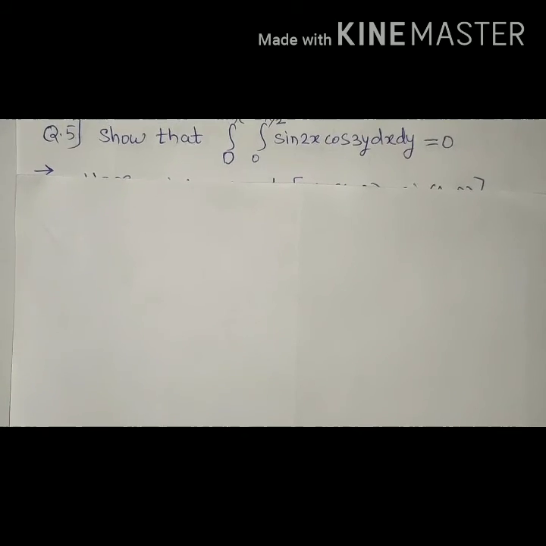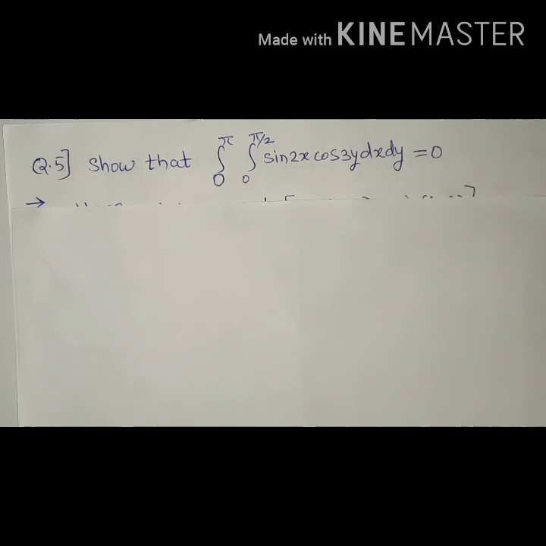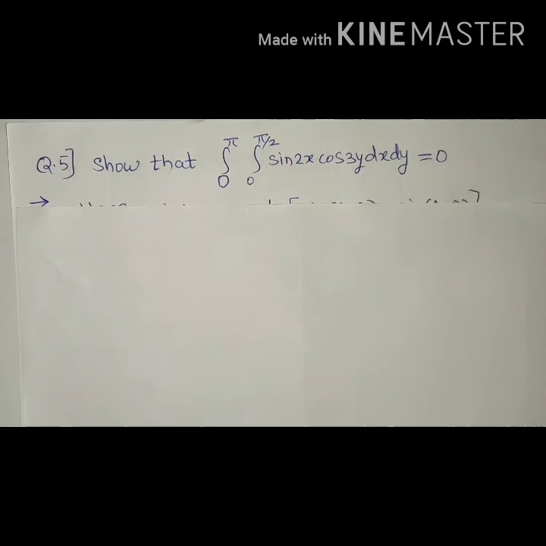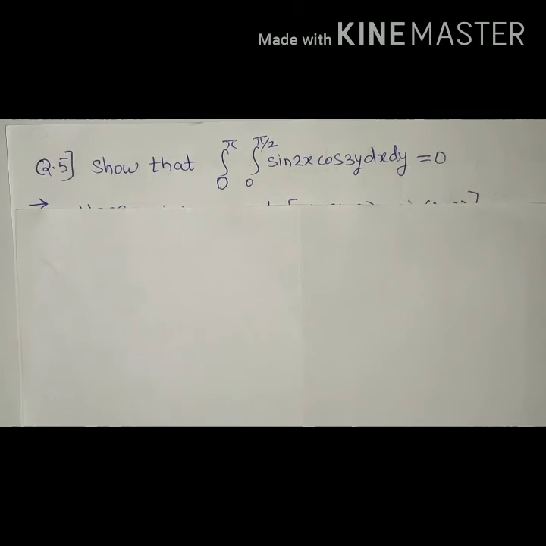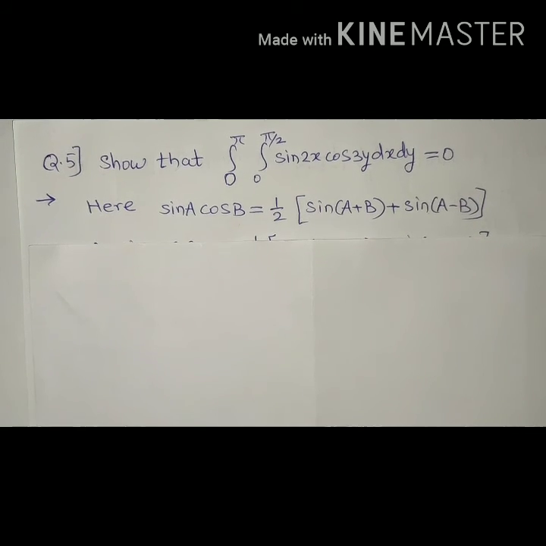Now let us deal with another example. Question number 5. Show that integration from 0 to pi by 2 sin 2x into cos 3y dx dy equal to 0. Again we have to use the formula for sin into cos.